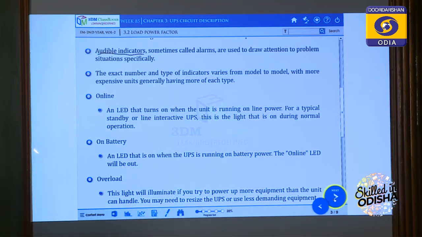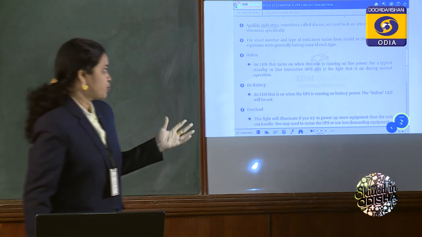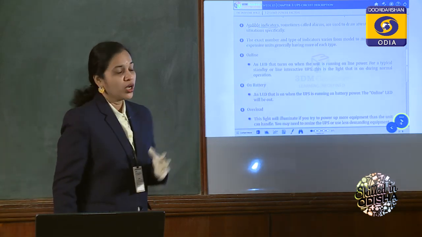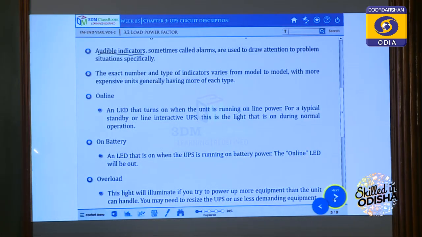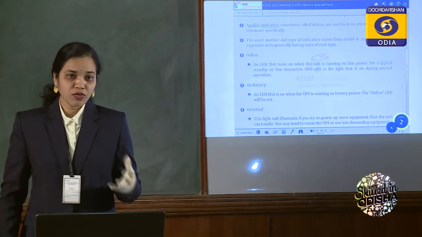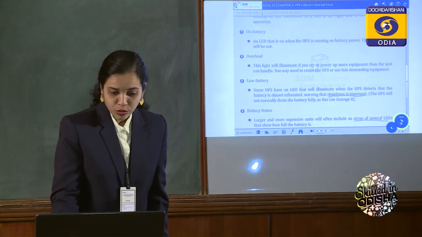When the online LED glows, we know that the UPS is running in online mode. And when the LED against battery mode glows, then we come to know that our UPS is in battery mode, or the UPS draws current from the battery. So our UPS is running on battery mode.